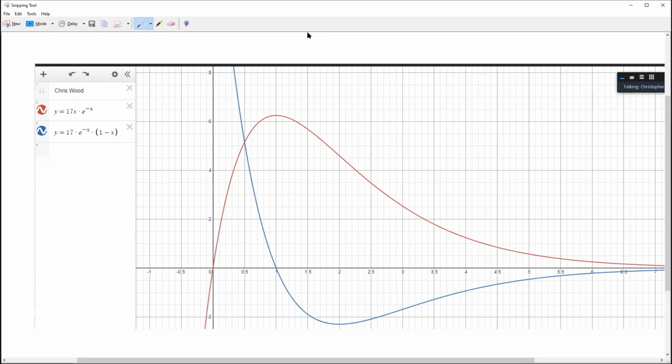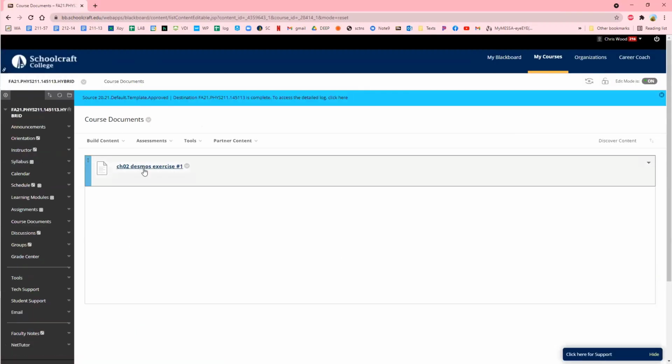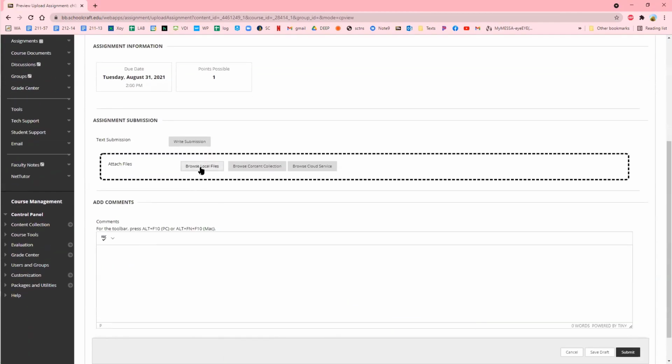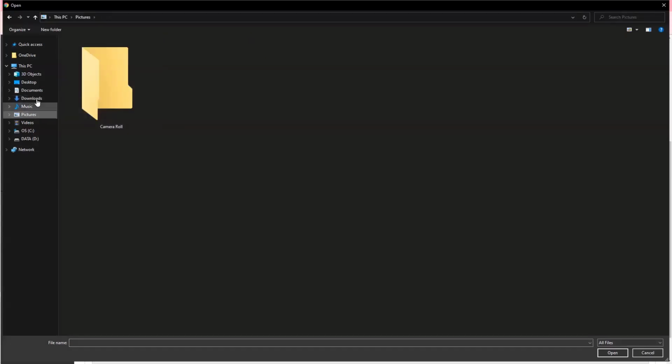Go to Blackboard, and then when you're in Blackboard, go into course documents, click on Desmos exercise number 1, and go ahead, attach, browse local files, and my local file is not there.